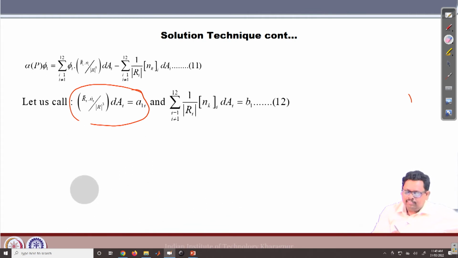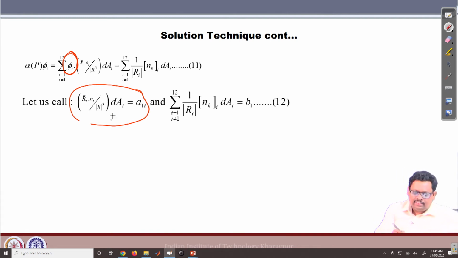Now, see the second one. In the case of the first one, why did I call it A1i? Because I have one unknown quantity, which is phi i, right.